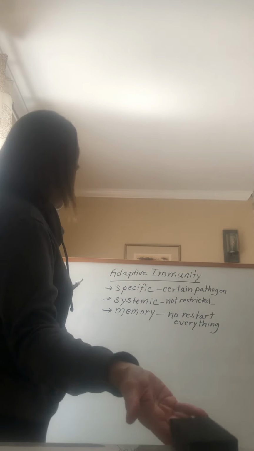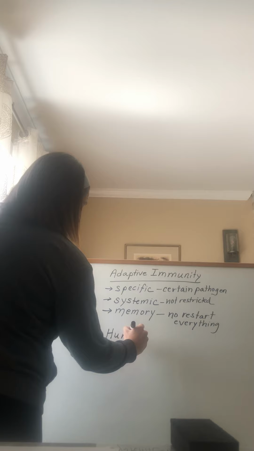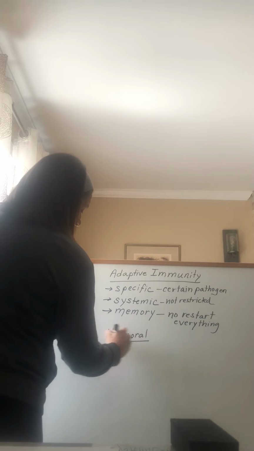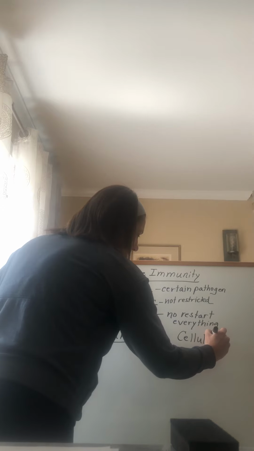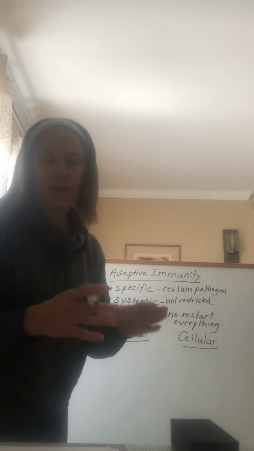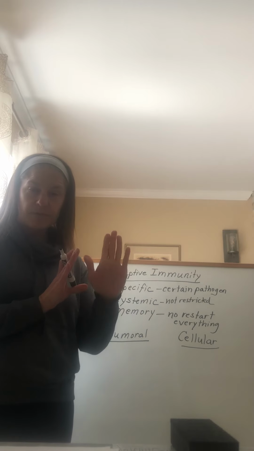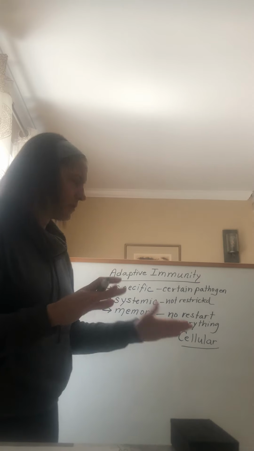So there are two branches to your adaptive immunity. You have your humoral-based immunity and your cellular arm. I like to think of these as two arms of the same being. So we have humoral immunity, so we think blood-borne, body fluid, and then we think cellular immunity.